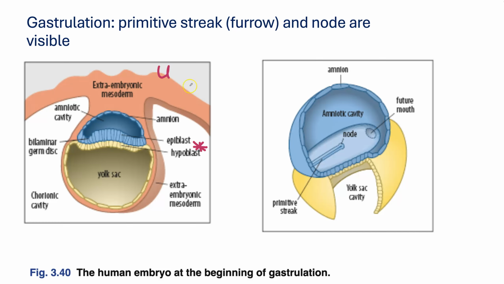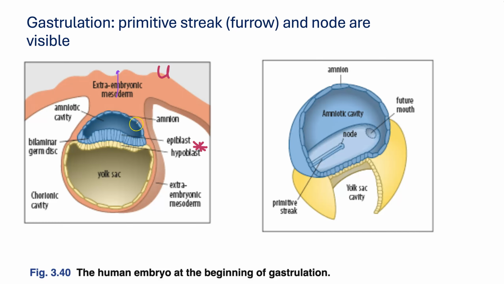Implantation has taken place, so it's surrounded by basically the uterine wall. The extraembryonic mesoderm surrounds the whole embryo and forms the attachment to the uterus to make the placenta.